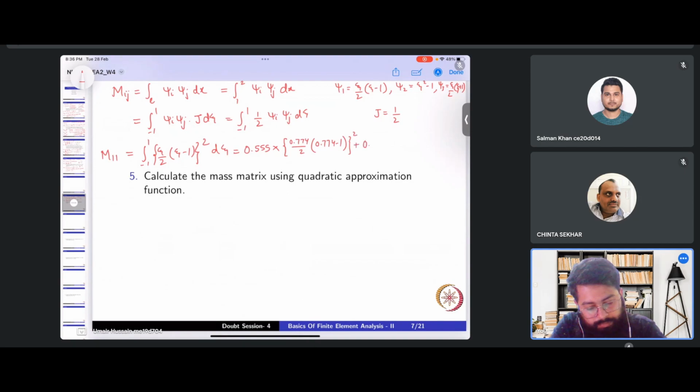Then we have 0.888. We'll start with plus times, then zeta equals 0.